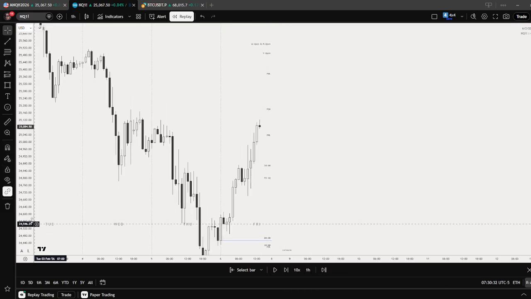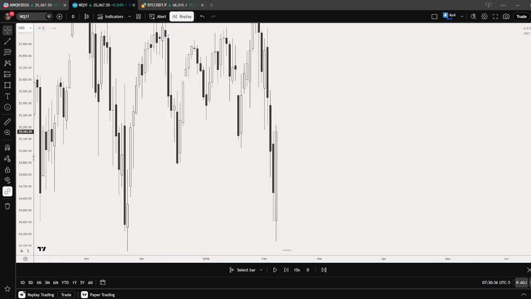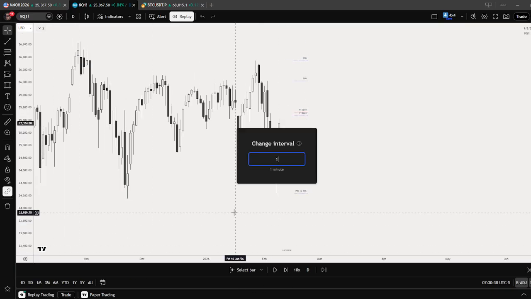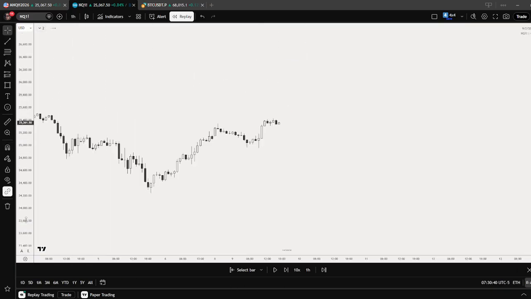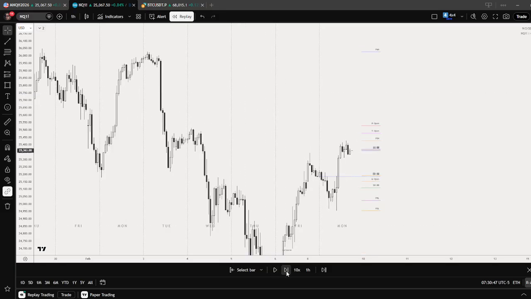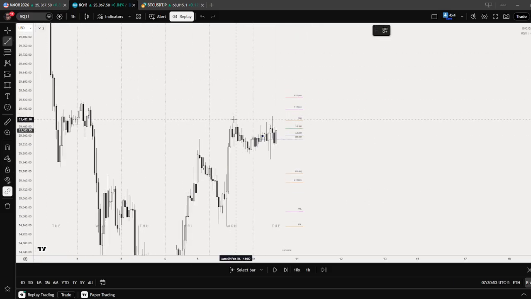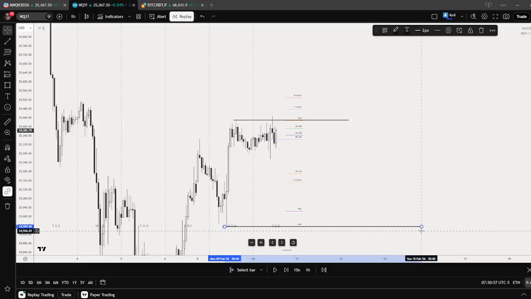You have to always know what is your current institutional order flow. For me here, institutional order flow is still bearish. Okay, we purged the previous day high. So now, all eyes on the previous day low.